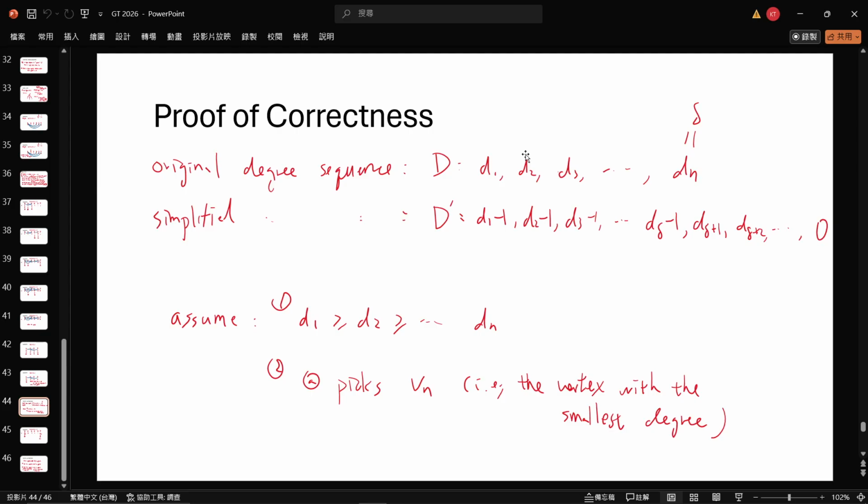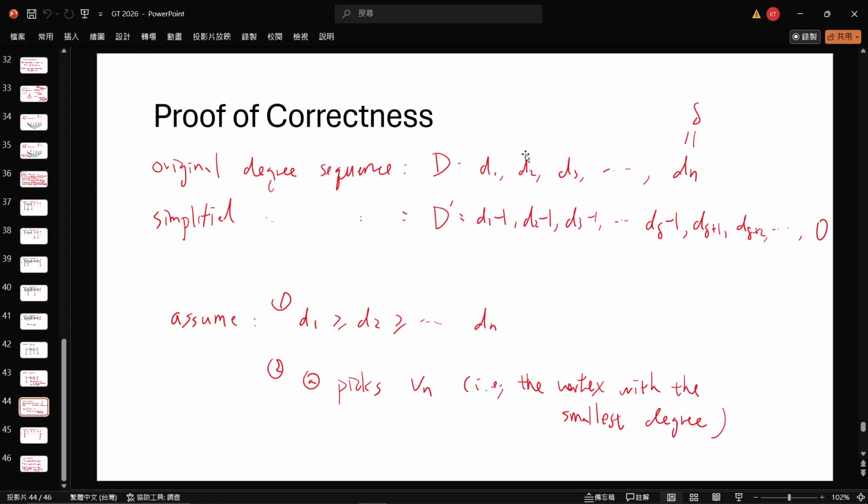Well, the true answer is that it is graphical. To avoid this wrong behavior, we need this, because if we can show that if the original degree sequence is graphical, then the new degree sequence must be graphical, then this avoids what Melvin mentioned.